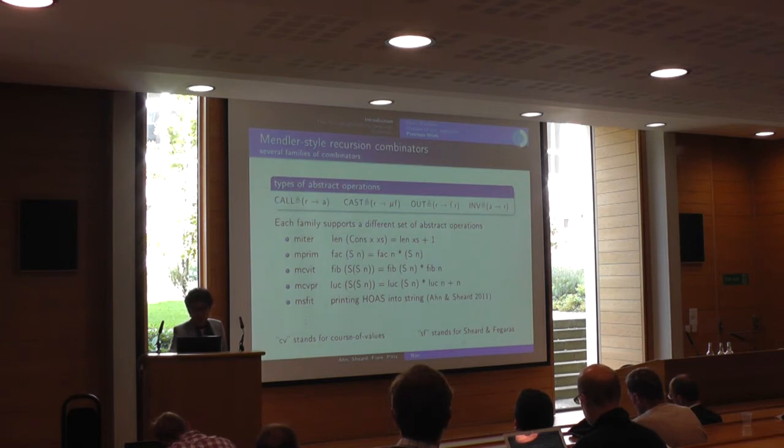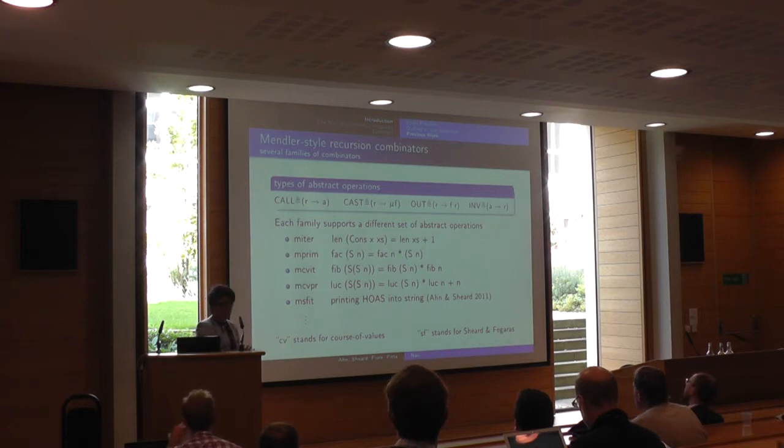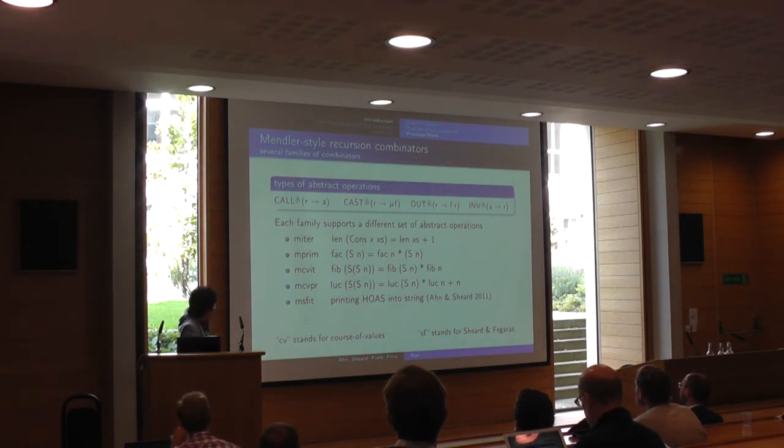So there are catamorphisms, if you have heard about them, histomorphisms, and some strange morphisms in this Oxford style. But there are several combinators in Mendler style as well. So for example, there's an iteration which can do fold, basically.